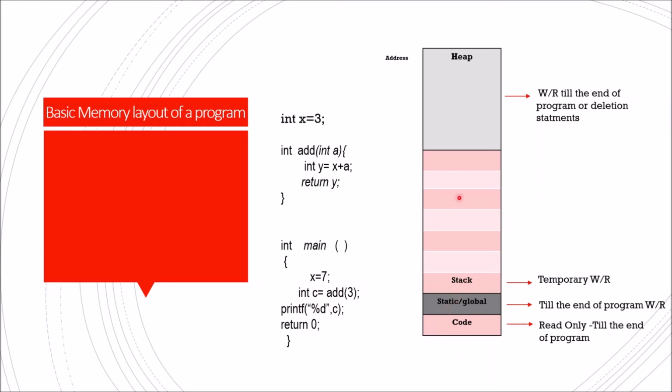Then we have another segment or pool of that block of memory for our program that is called stack, okay? And the other one is heap. In this stack is where the temporary operations take place.